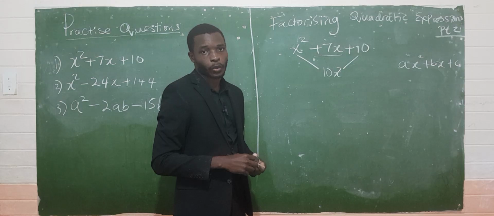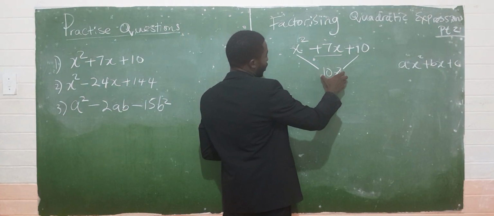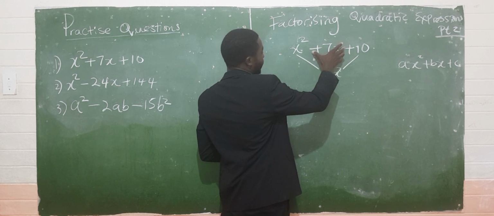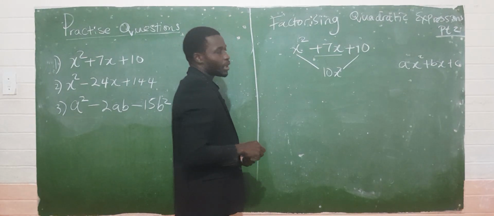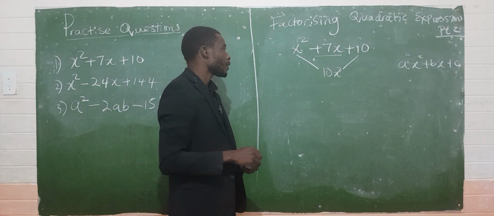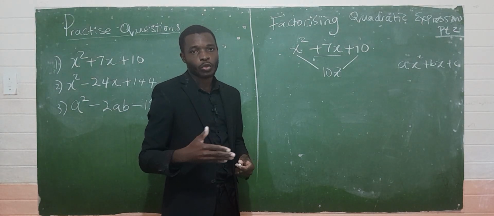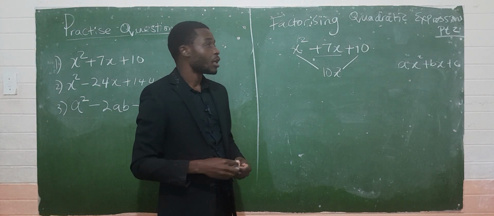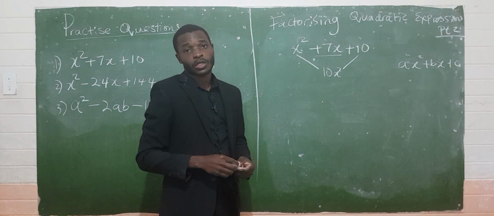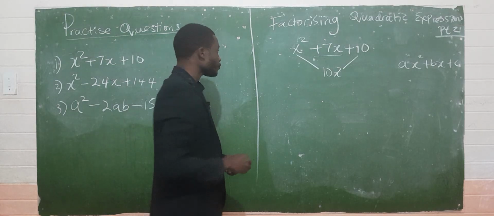How? Good question. Well, it turns out that there is a unique pair of factors of this one that add to this middle term. As we are beginning, we shall list all the factors of 10x squared, but with time, as you do these problems over and over, you develop the intuition to just figure out those two factors even without listing all of them down.